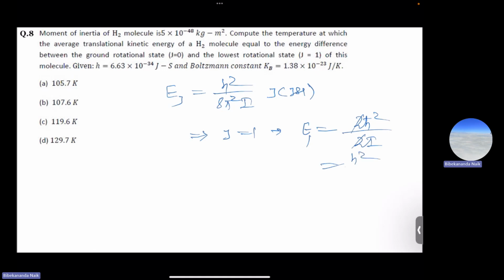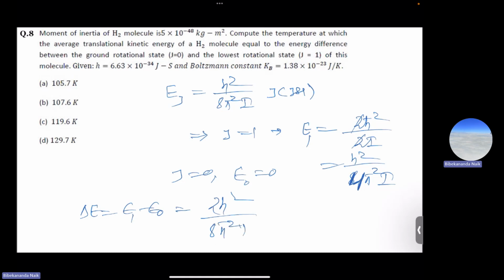It will be h square divided by 4 pi square I. And for J equal to 0, E0 is 0. So delta E, that is E1 minus E0, will give us 2h square divided by 8 pi square I, which is h square divided by 4 pi square I.